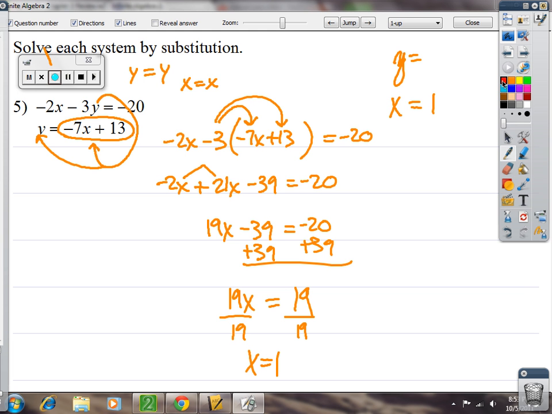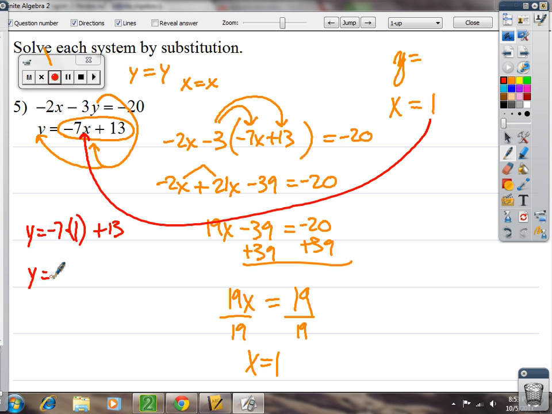Now I'm going to take that x is 1 and substitute it right here into this equation: y equals negative 7 times x, and I know x is 1, plus 13. So y is going to equal negative 7 plus 13. y equals 6. So I'm done. There is my work. y is 6, x is 1.